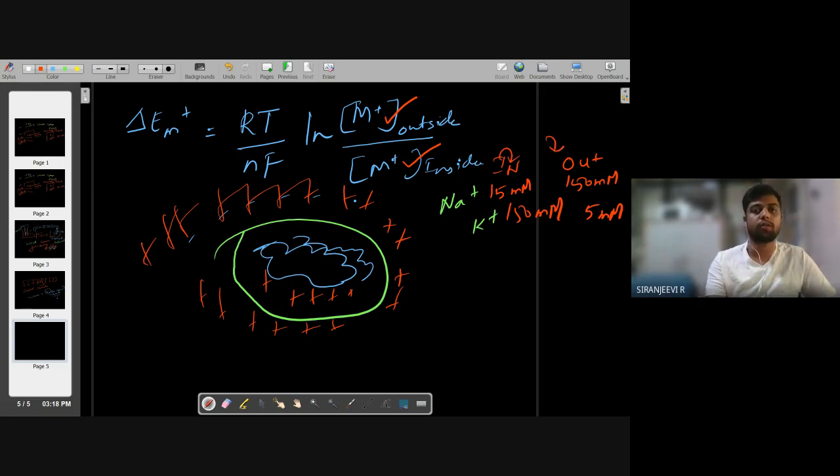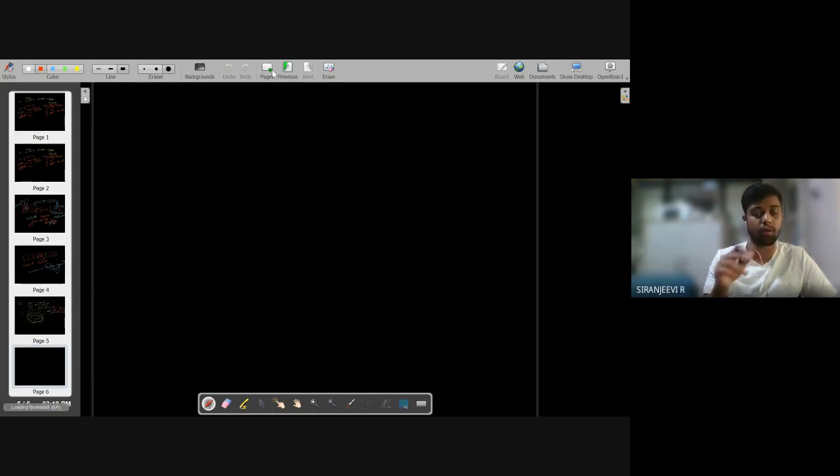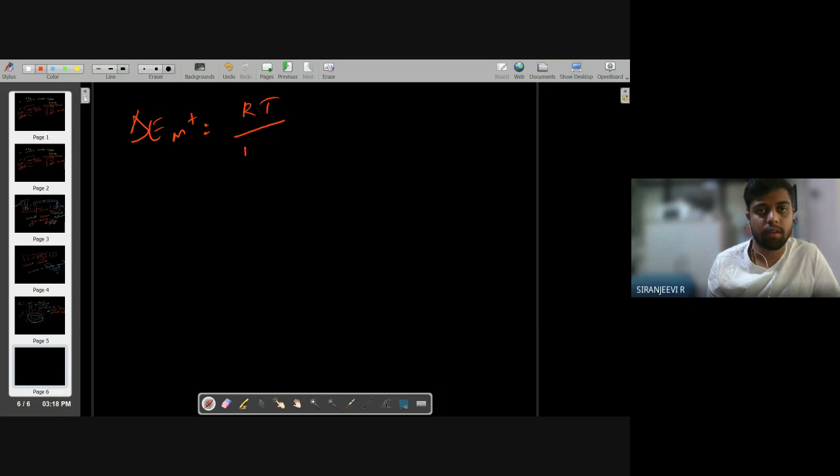If you apply these in the formula, let me do it for sodium, since the professor didn't explain that, so I will do it for sodium first. ΔE_M+ equals RT over nF times ln of M+ outside divided by M+ inside.